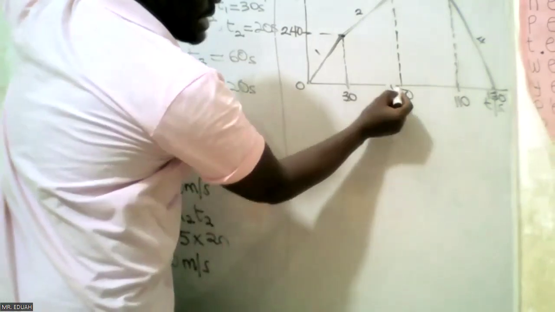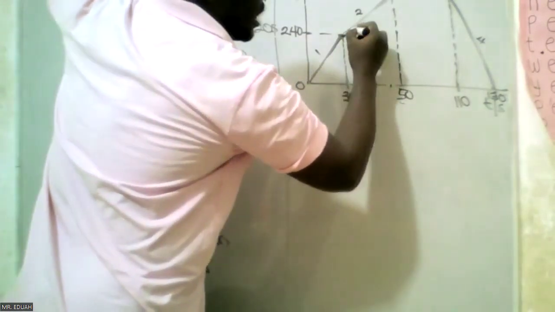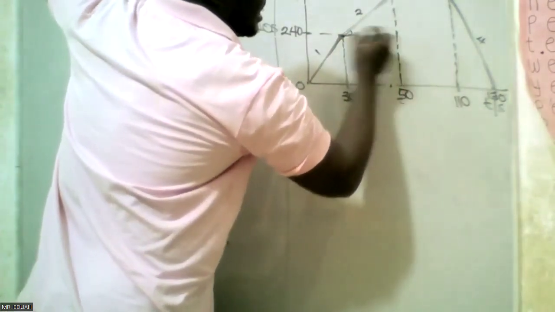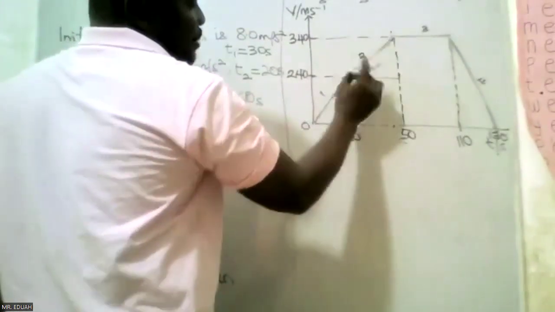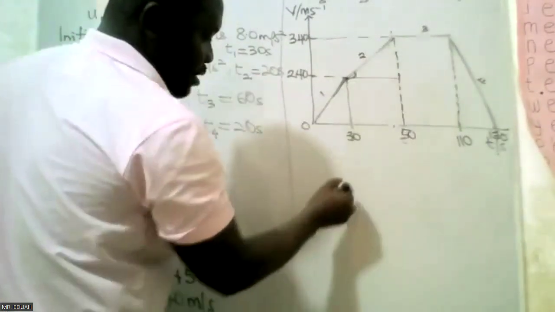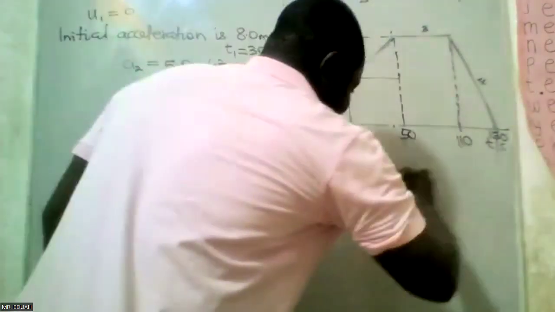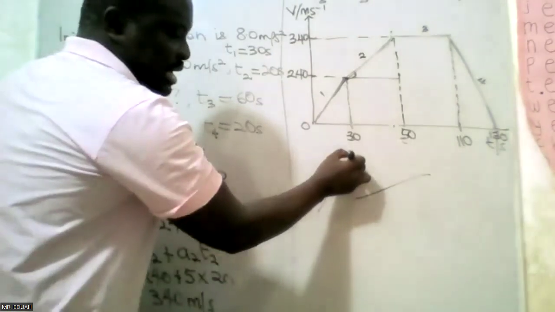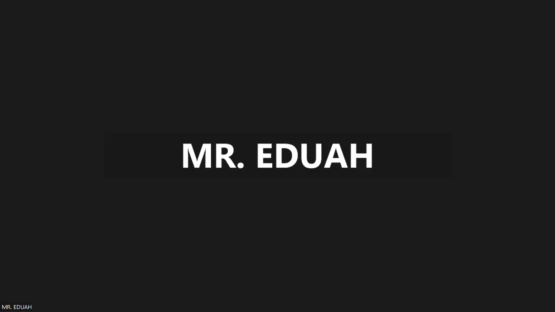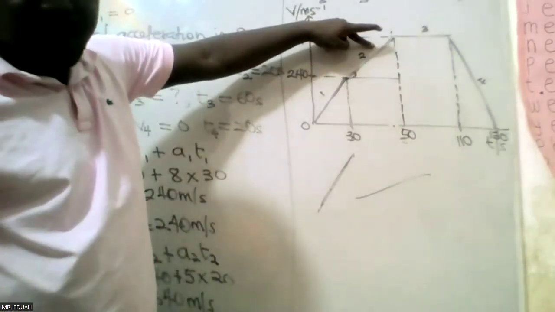So 30 plus 20, giving us a total time of 50. The slope of this indicates the acceleration. But since the acceleration of the first part is greater than the acceleration of the second part, the slope must drop. When I draw a steeper line and then a less steep line on a velocity time graph, it tells that the acceleration of this is greater than this acceleration. And that is what has been shown here.